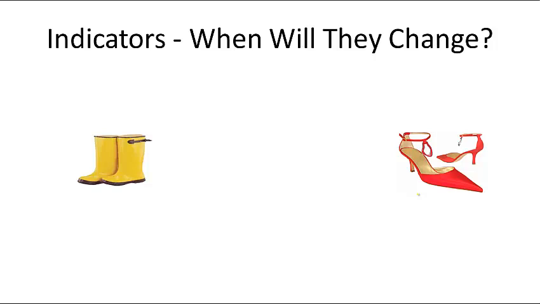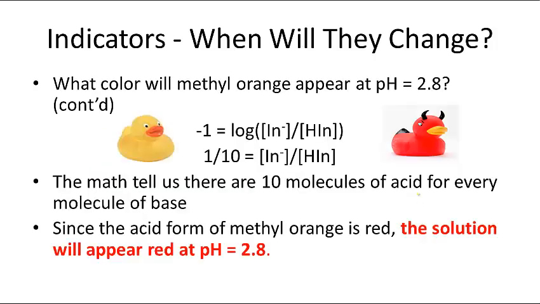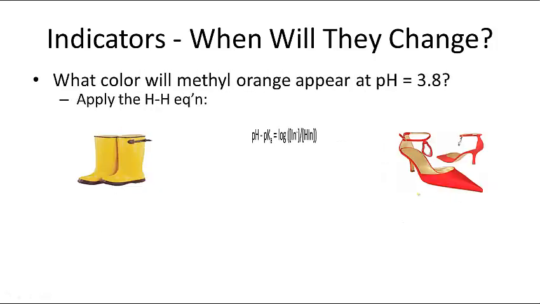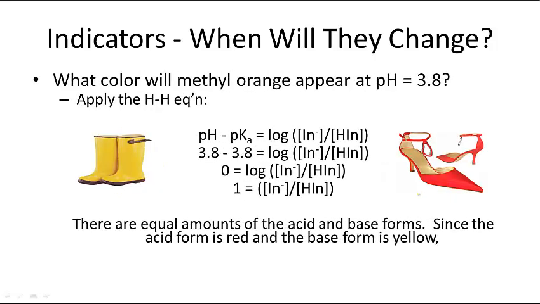So now I'm zooming out, looking at a closet that's half filled with, I guess this doesn't work because the red shoes and the yellow boots are different sizes. Let's say they were red duckies and yellow duckies. If I zoom out and I have half red duckies and half yellow duckies, what am I going to see? Orange. So at a pH of 3.8, it's going to appear orange.